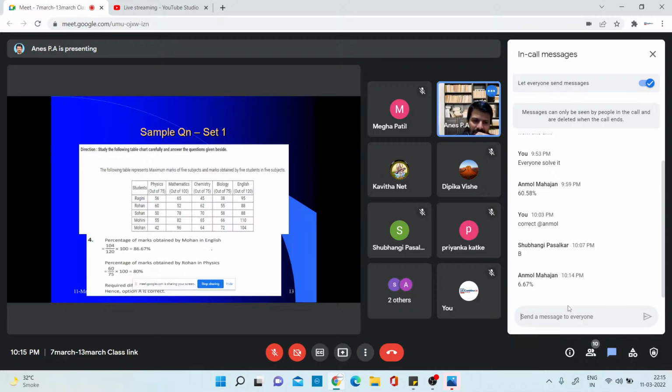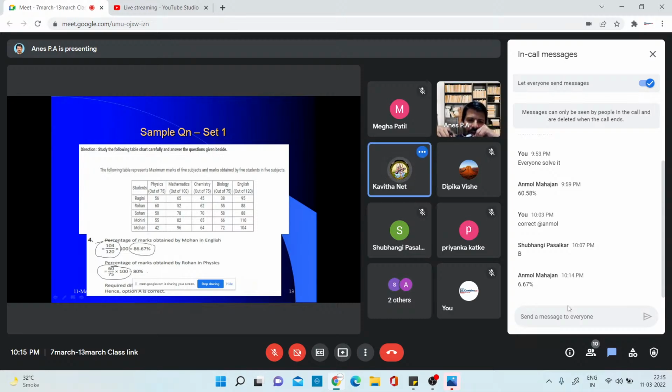So we can see here, percentage of marks obtained by Mohan in English, as we discussed, 104 divided by 120, that is 86.67. Then percentage of marks obtained by Rohan in physics, 60 by 75 into 100, that is 80%. So how to find the difference in percentage in this case?